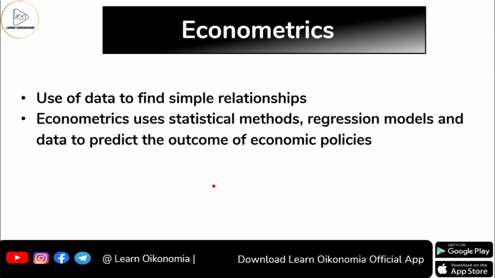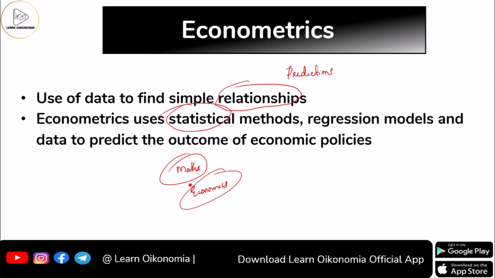Moving to another important field, which is econometrics. This makes economics much more complicated. Here we will be using some data to find a relationship. We will be using some data to find or to make some predictions. Econometrics is actually a mix of several subjects. It uses statistics, it uses mathematics, and also it uses economics.